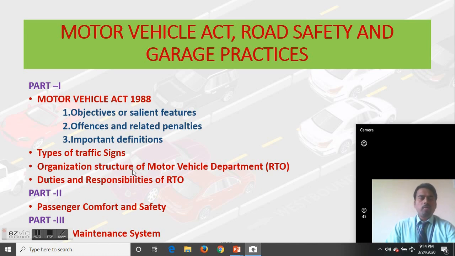Along with that we are going to see one additional part which is not part of your syllabus, Motor Vehicle Act 2019. Okay, so in that important provision of Motor Vehicle Act 2019 we are going to see. So this point is also very important as extra knowledge for you people.